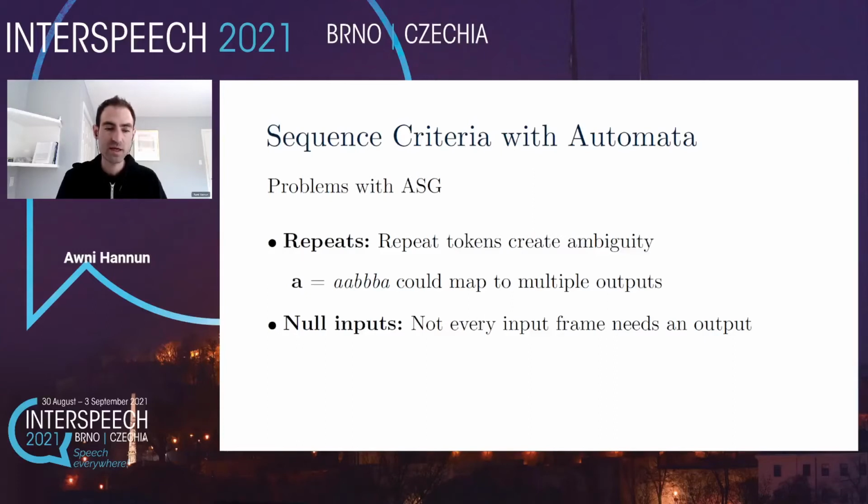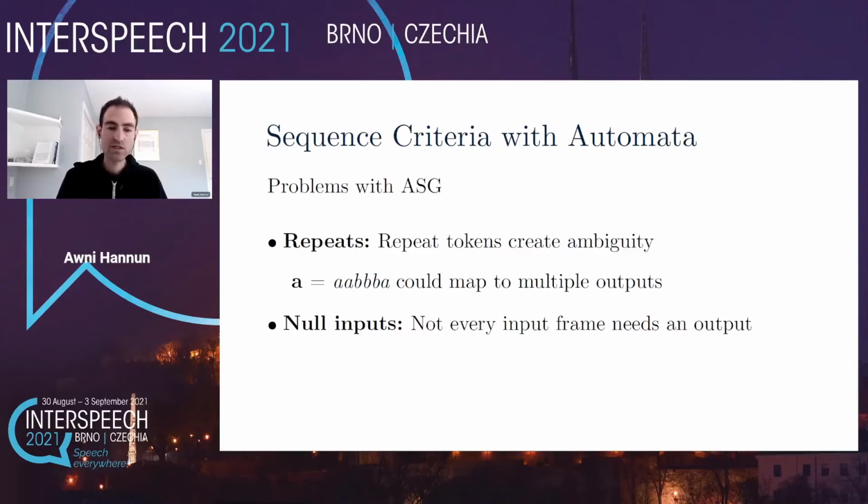It could be ABA, it could be AABA, it could be ABBA. I don't know whether I should collapse the As, or whether I should collapse the 3Bs into 2Bs or 1B, or should they stay 3Bs? So we just don't know how to deal with repeat tokens without ambiguity.